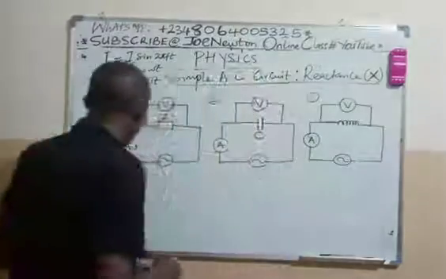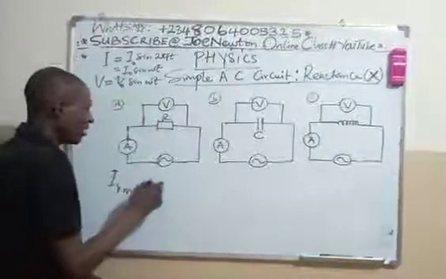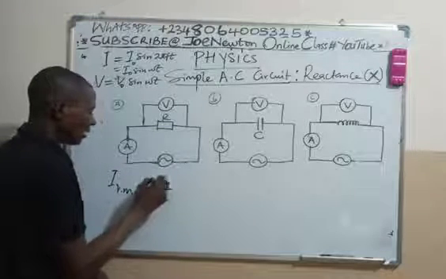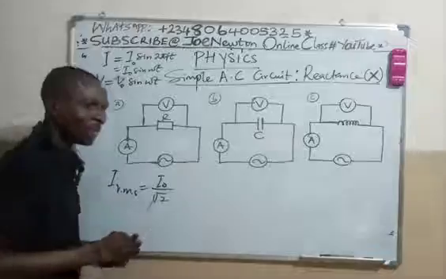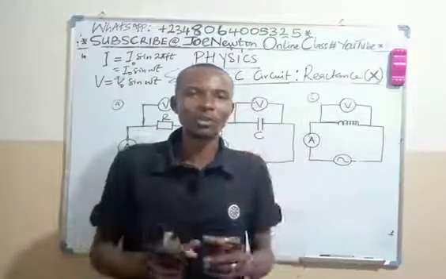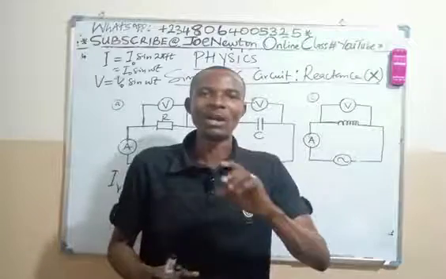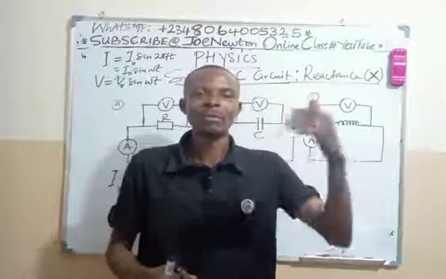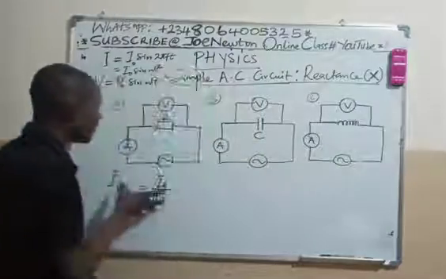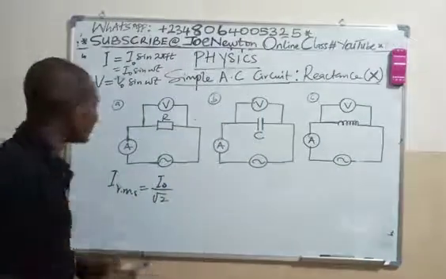Of course, it is given by IRMS = I naught over root 2. That is the formula. We shall apply this formula in subsequent classes when we shall be treating calculations proper in AC circuit or RLC circuit, that is resistance, inductance, capacitance circuit. So this is IRMS, which is the effective current.